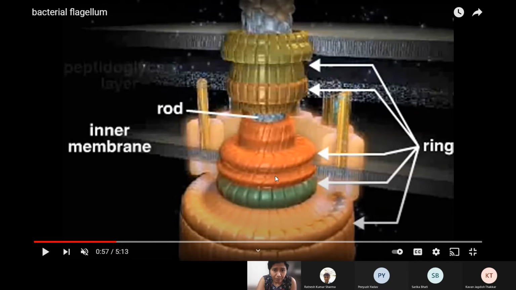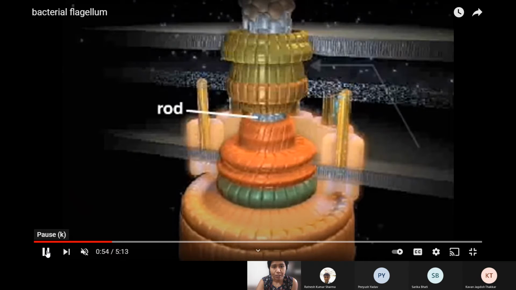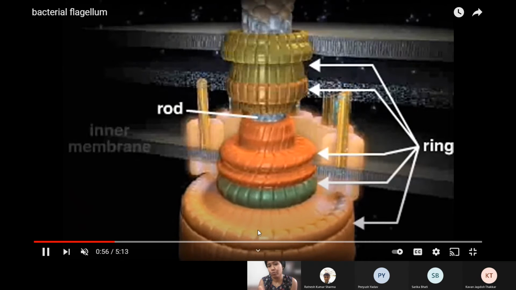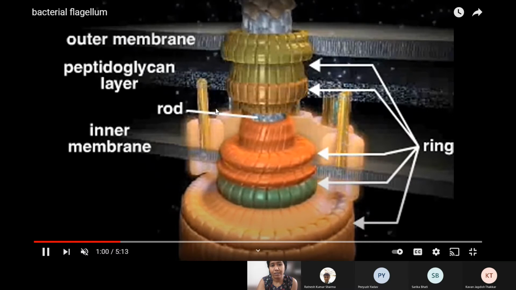You see that from inside the ring comes out something called a rod that is connected to the hook that holds the filament. And you see that there are some structures which are not moving. So the structure that is moving here, if I may start this video once more, the structure that is moving here is the motor. The structure that is not moving here, these rings are the stator.